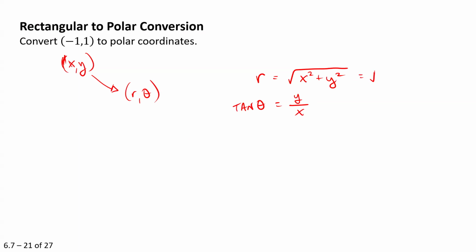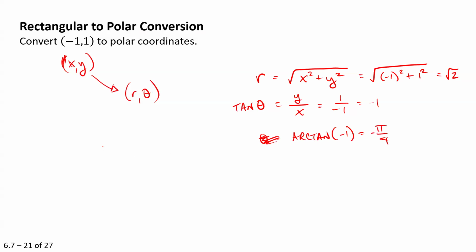Okay, and so r is going to be equal to the square root of -1 squared plus 1 squared, which is the square root of 2. And then tangent theta is going to be 1 over -1, which is -1. And so at first glance, you do arctangent of -1, which is equal to -pi/4. But let's see which coordinate system we're in.